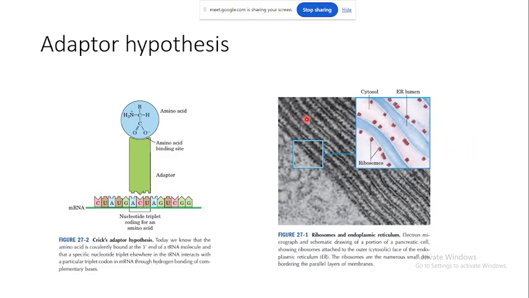So we talked about the codon here. A codon is a nucleotide triplet which can code for a particular amino acid. For example, ACU codes for a particular amino acid.